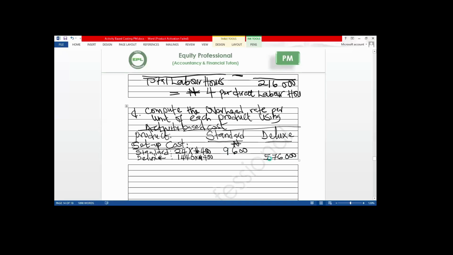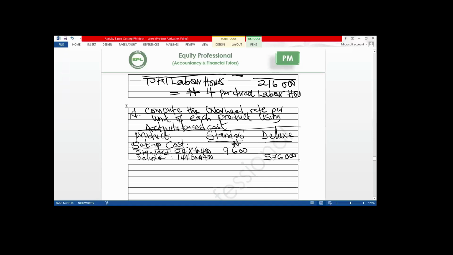Now, if you sum up these two, 9,600 plus 576,000, the total should give you 585,600. That's correct. That is the total setup.